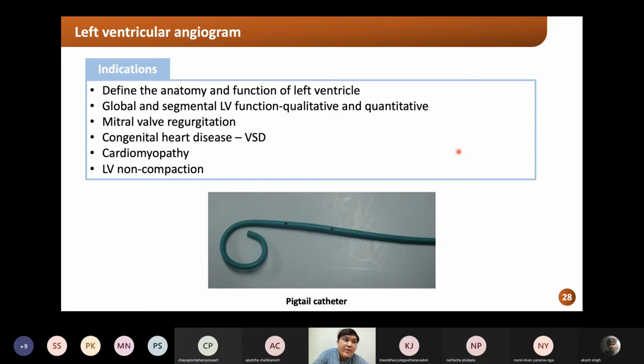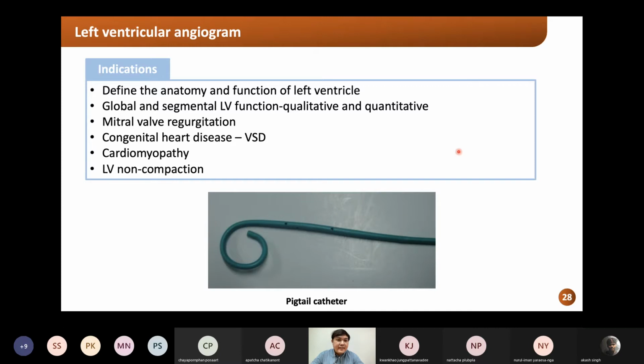All right, I'm going to tell you about the indications for doing a ventricular angiogram, which needs the high pressure injector. The left ventricular angiogram is a procedure to define the anatomy and function of the left ventricle, to assess global and segmental LV function, qualitative and quantitative, and to evaluate mitral regurgitation.